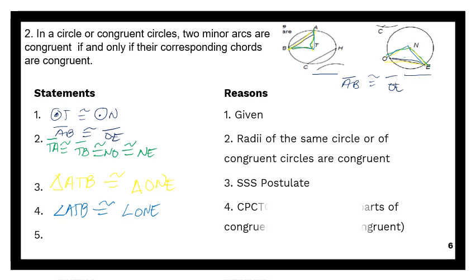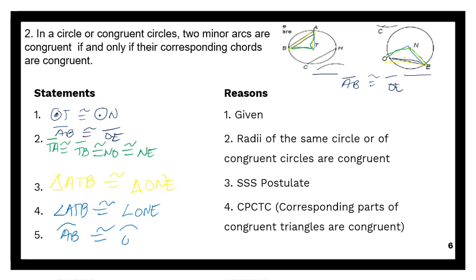The reason: the corresponding parts of congruent triangles are congruent, or CPCTC. Then, last one, we can conclude that arc AB is congruent to arc OE, and that is from the previous theorem.